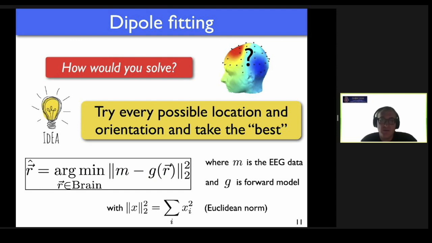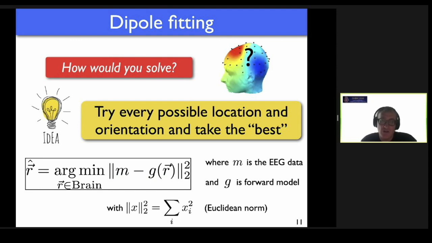Now the question is, the best in what sense? In the formula highlighted at the bottom left, the estimated R, so the location and orientation of the dipole, is the one for which you have the minimum error in the Euclidean norm sense.